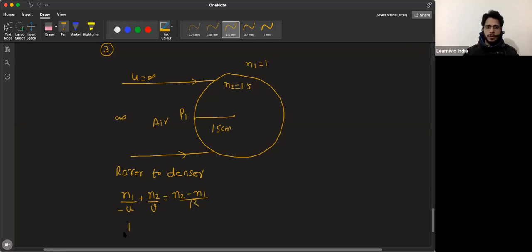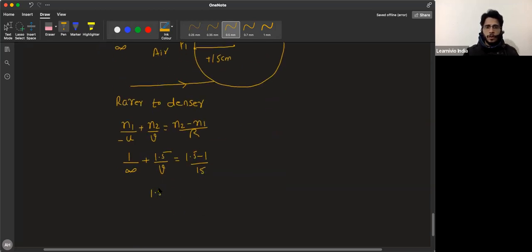How much is N1? N1 is 1, U is infinity. N2 is 1.5, V is unknown. N2 is 1.5 minus 1 by radius of curvature, which is 15. See, when you go in the direction of light, it's plus 15.